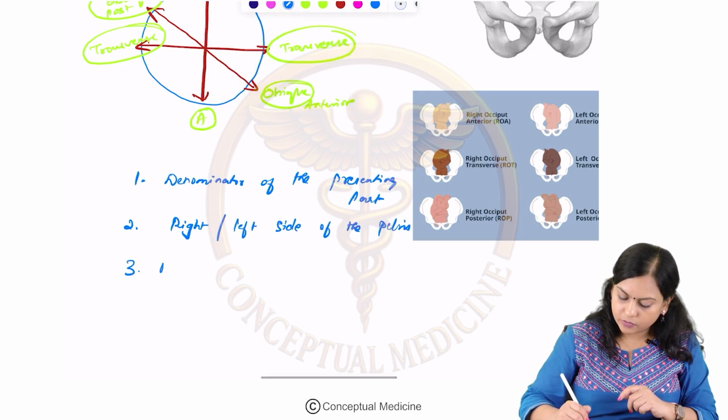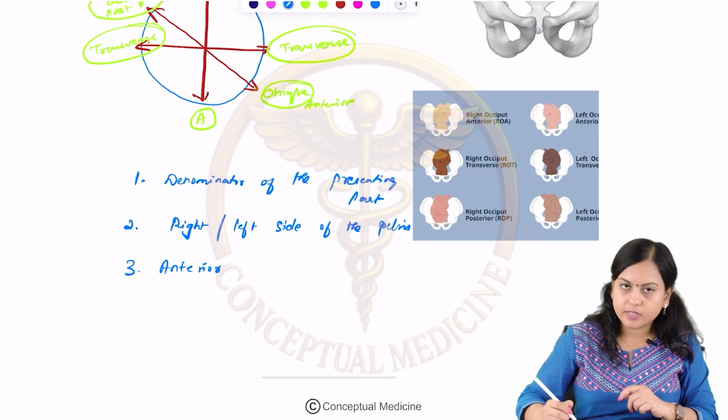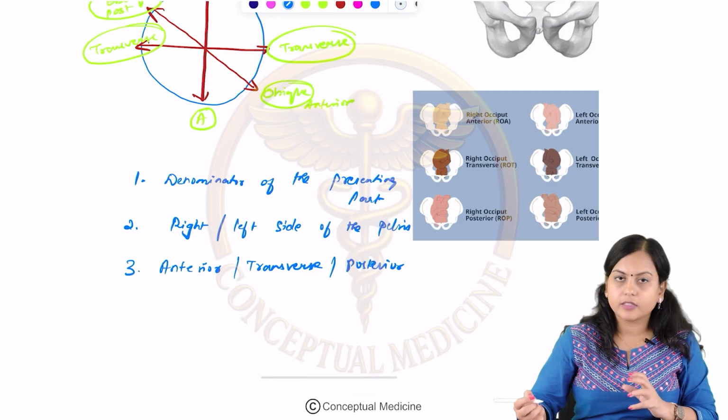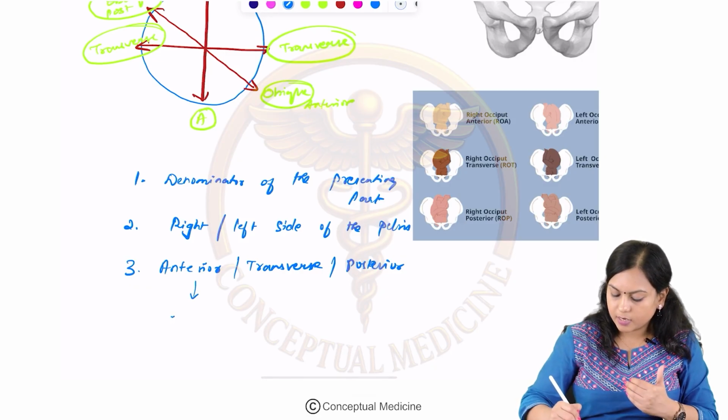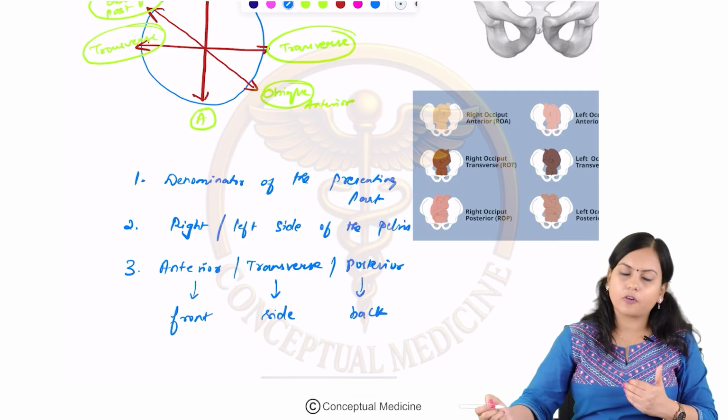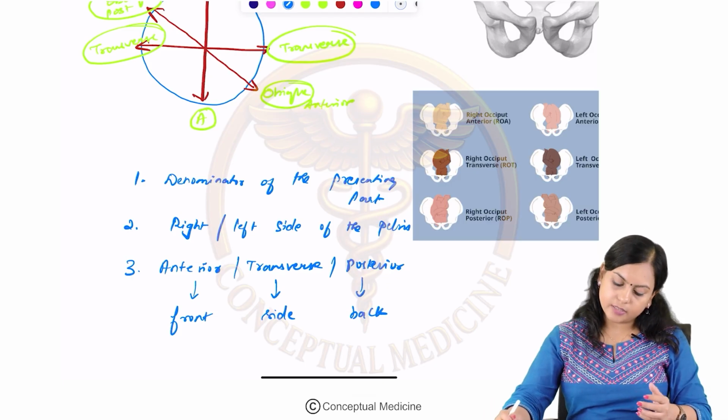Third, you have to define the position of the fetus as anterior, transverse or posterior, depending upon whether the fetal part is present in the front of the pelvis, at the side of the pelvis, or at the back of the pelvis, right?